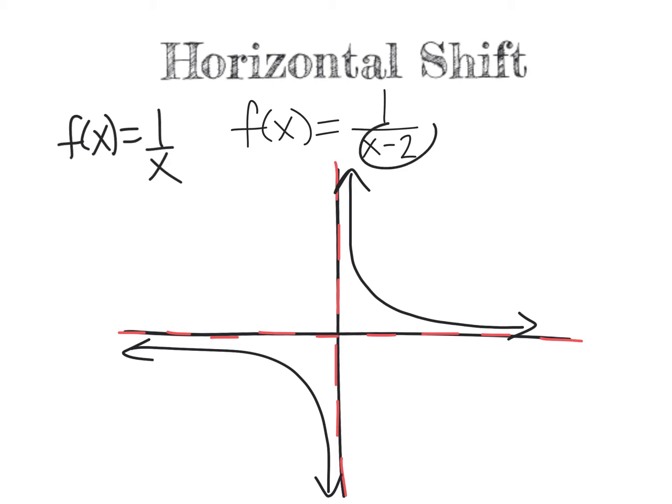If we do that, this is what we have. Move the 2 over, x equals 2. It means that our vertical asymptote will be at 2. I'm going to do this in blue. So if we go to 1, 2, now our vertical asymptote will go through here.